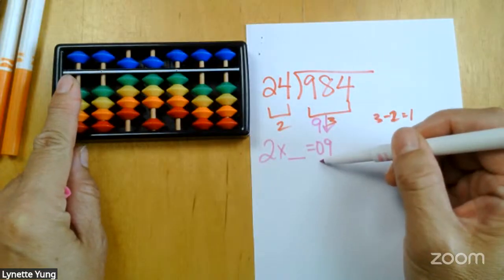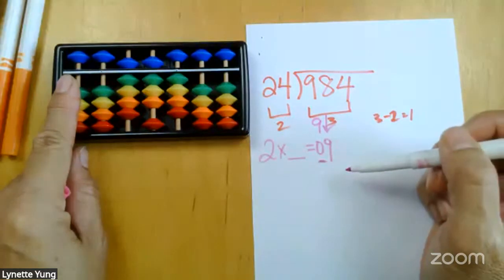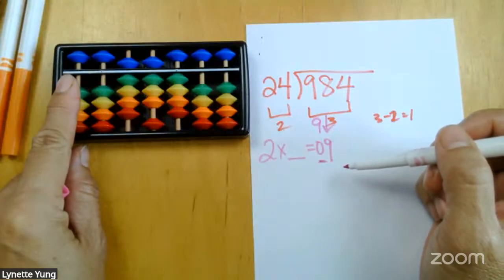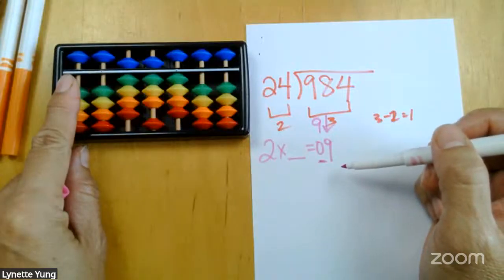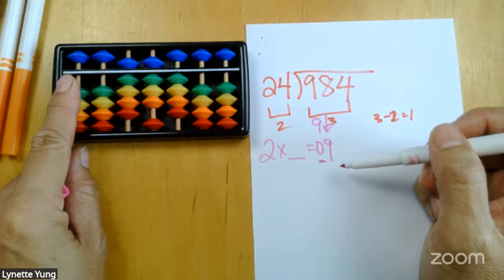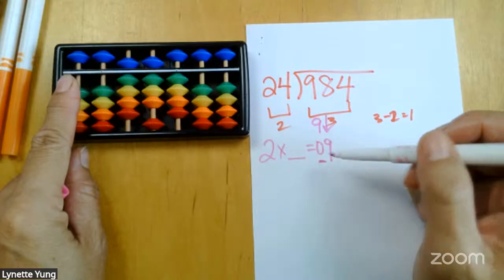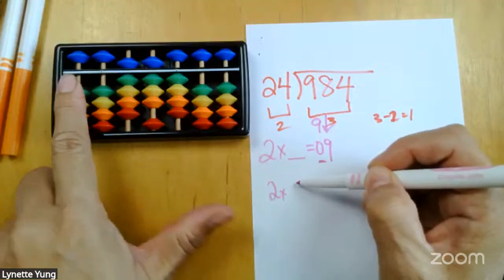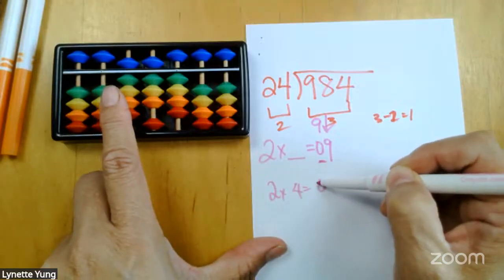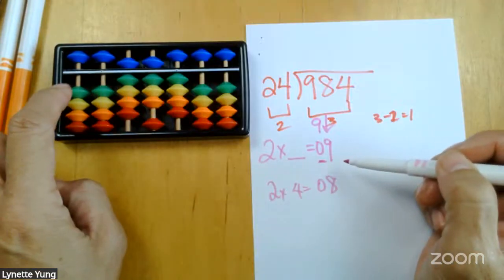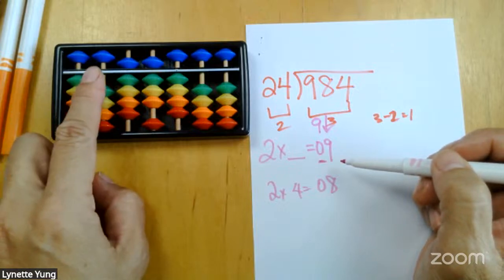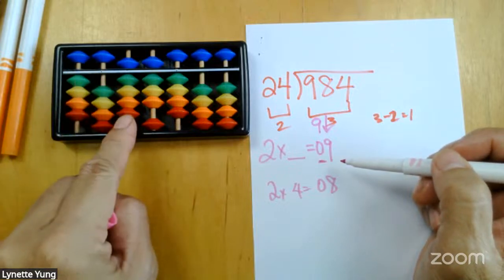That's where the 0 comes in. So that's 4. 2 times 4 is equal to 0, 8.